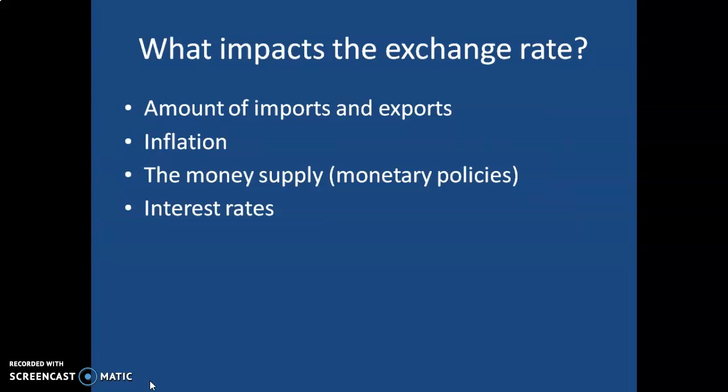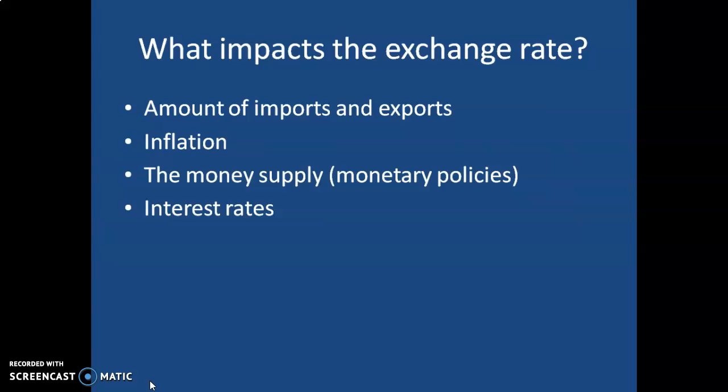And here's why. If interest rates go up in the United States, that means that overseas investors are going to start thinking that the interest that they can get on American investments is going to be a good deal. So overseas investors are going to start buying American financial securities to get the higher interest rate. That means they're going to have to exchange their currency for US dollars, because we're going to sell our financial securities in US dollars, not in some other foreign currency.